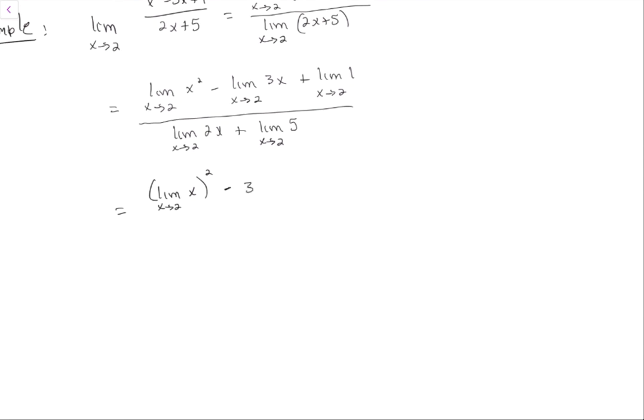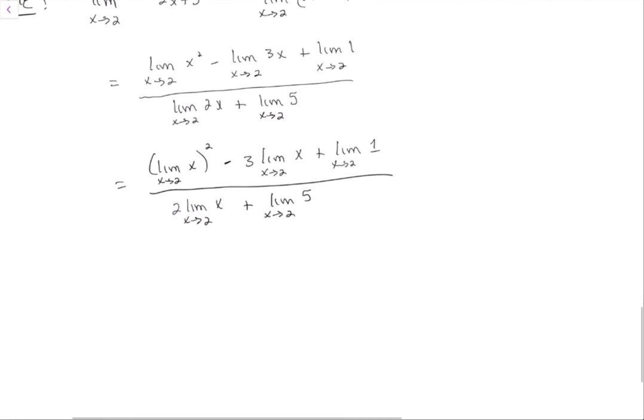Then I'm going to take the 3 out of the limit as x approaches 2, and then I'm going to look at that just as the limit of the constant, which we'll use the constant rule, or the limit of a constant equaling that constant here in just a second. And then I'm going to take the limit of 2x and pull the 2 out, and then plus the limit of the constant as x approaches 2.